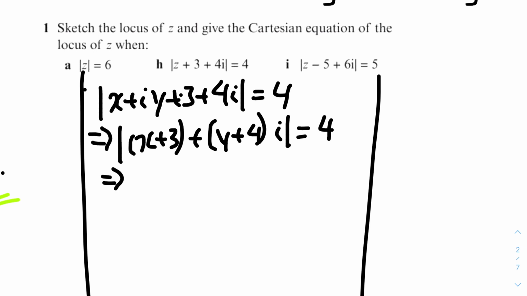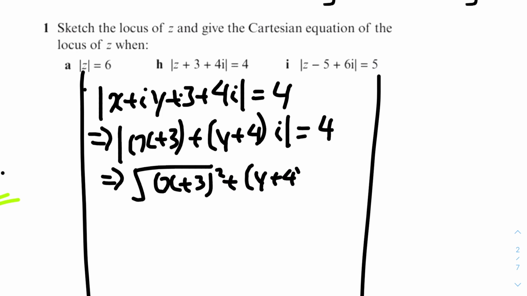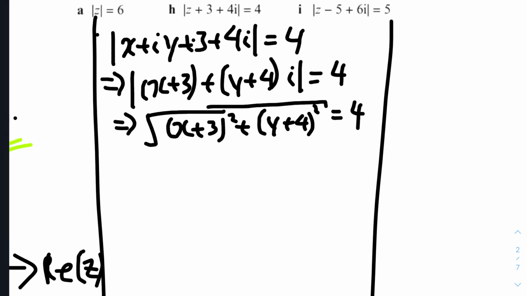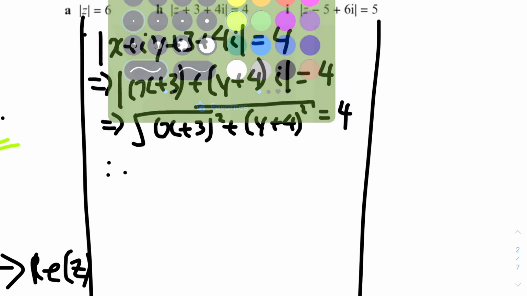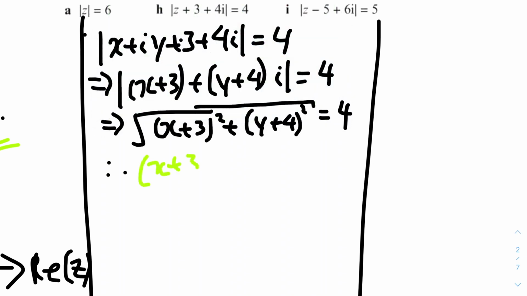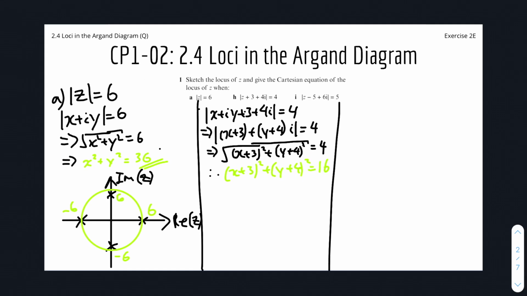We can square each individual term, x plus 3 squared plus y plus 4 squared, which gets rid of the i, equals 4, and therefore the Cartesian equation will be x plus 3 squared plus y plus 4 squared equals 16.